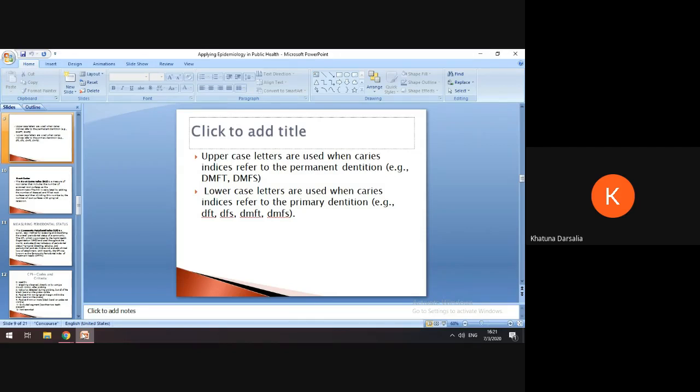The DEF index will always have the same score as the DF index because the DF index combines decayed and indicated for extraction teeth into the same category.